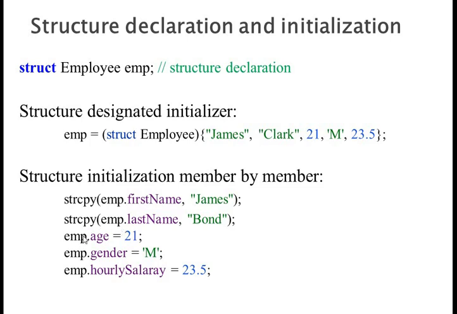Okay, so you can do it like this for character and integer kind of values: employee.age is equal to 21, employee.gender is equal to 'M' for male, employee.hourly_salary is equal to 23.5. Okay, so this is how you can initialize member by member for the structure.